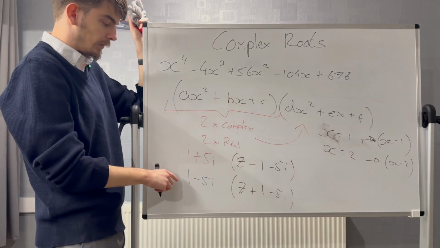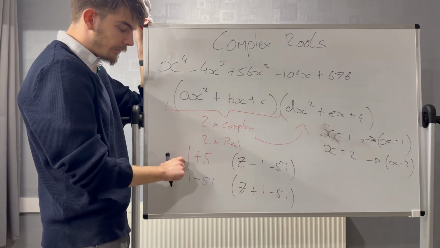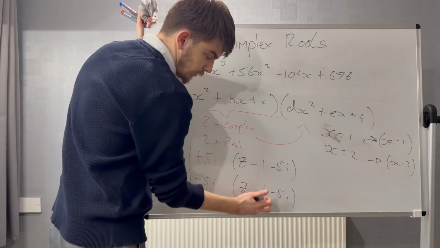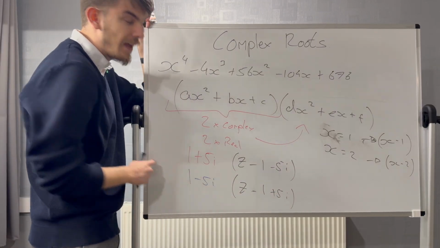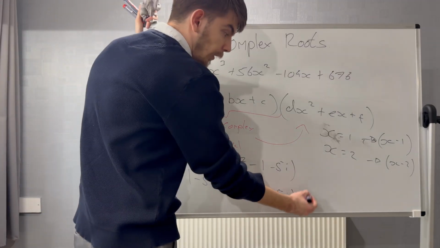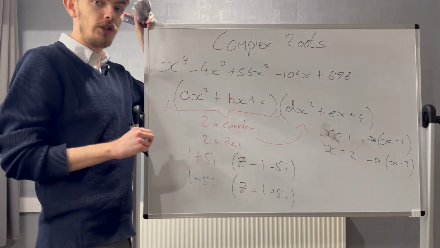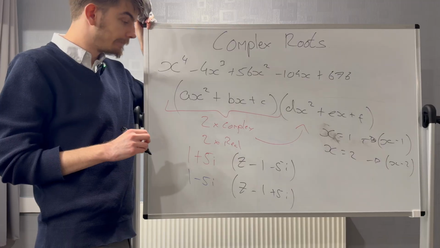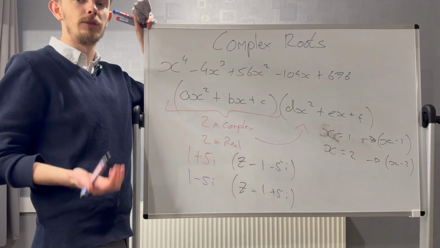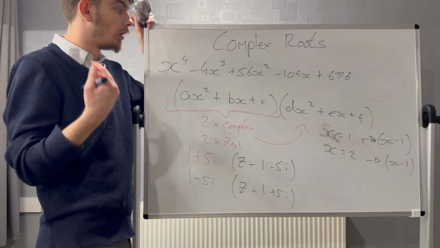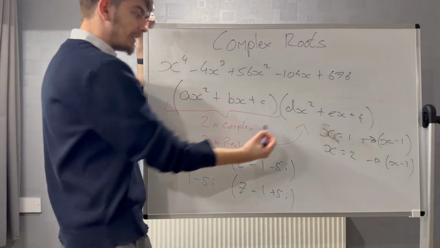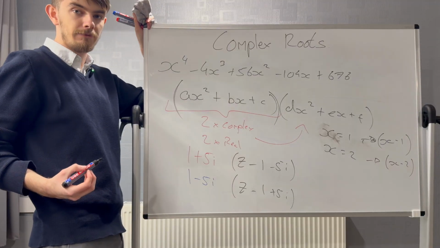One where I've just got z minus that, and one where I've got z minus that. I would then multiply these together, which I'm now going to give you as a little bit of a task, right? Multiply these together and see what you get. You should get a quadratic. After that, we've essentially discovered what this one here is.